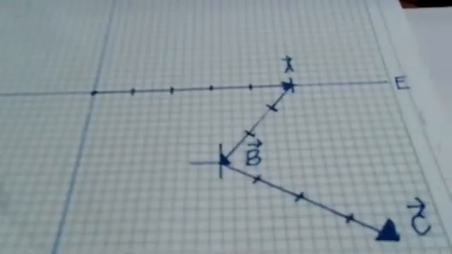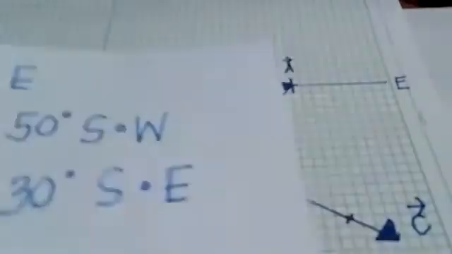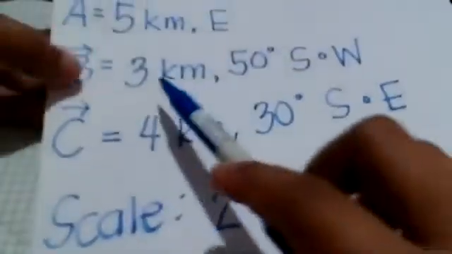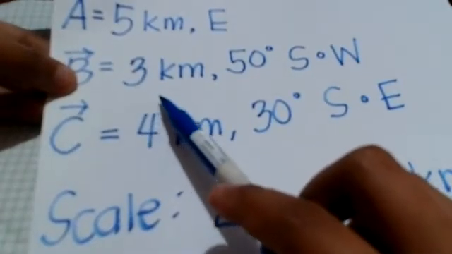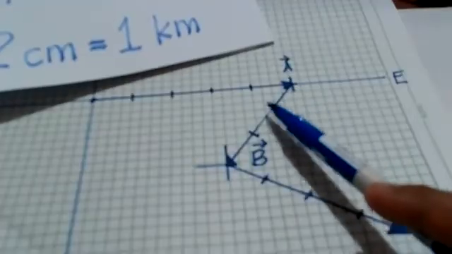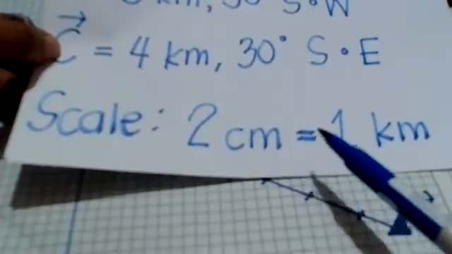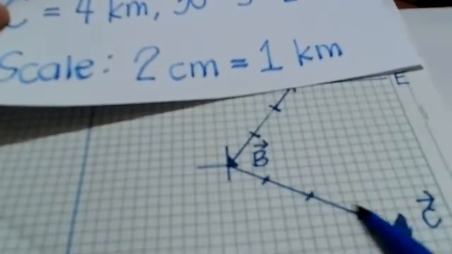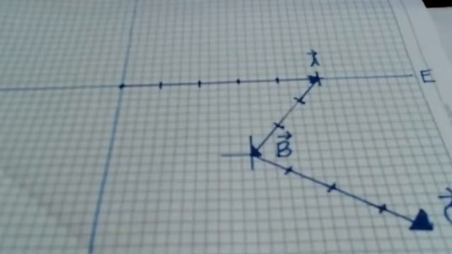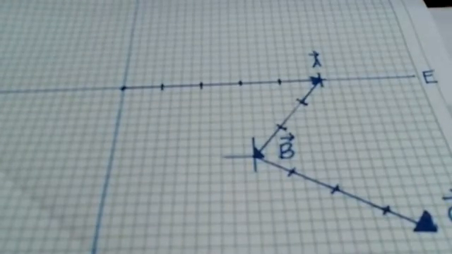So let's compare. Vector A, 5 kilometers east. Vector B, 3 kilometers, 50 degrees south of west. And C, 4 kilometers, 30 degrees south of east. Now, how do we get the resultant vector? I will be using a red pen for the resultant.